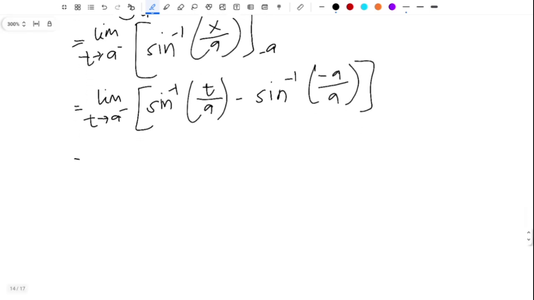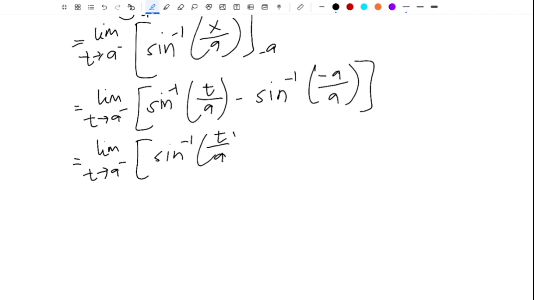Since a is a constant, we can divide it: a term divided by itself is equal to 1, and since we have a negative in our numerator, we will have negative 1.